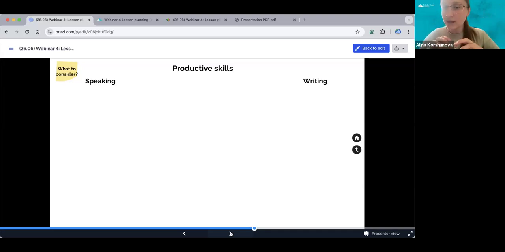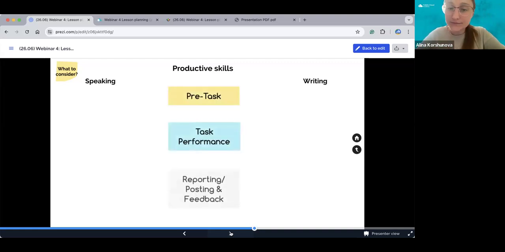The main aim of the lesson is to help students develop their speaking skills in terms of fluency and accuracy, probably because you will give feedback on language. For speaking and writing, we can give some pre-task stages, then we do the task, either speaking or writing, and then the feedback stage.